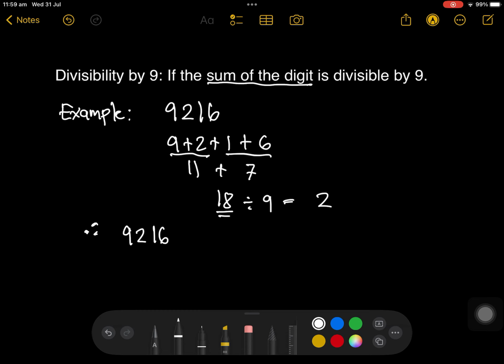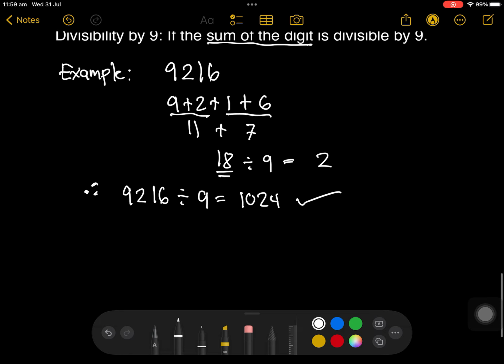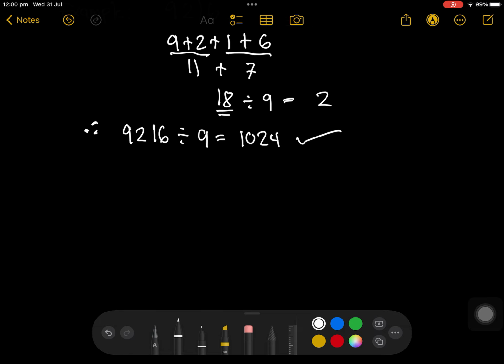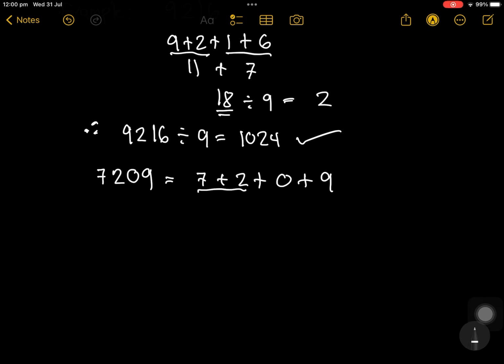So therefore, 9216 is divisible by 9, which is equal to 1024. Another example, if you have 7209, add the digits: 7 plus 2 plus 0 plus 9. 7 plus 2 is 9, and then 0 plus 9 is 9.